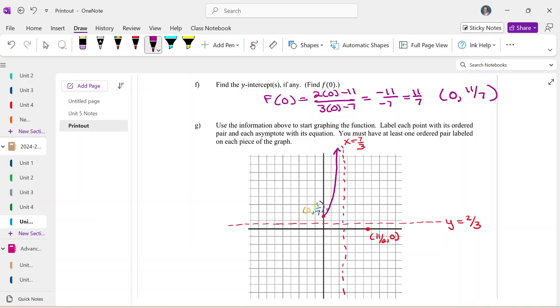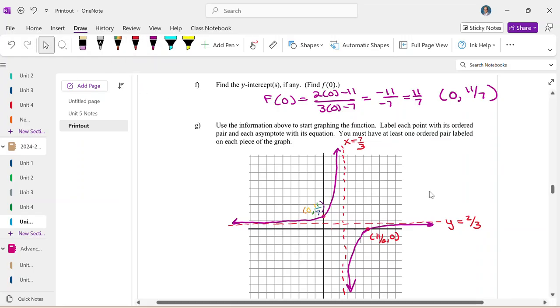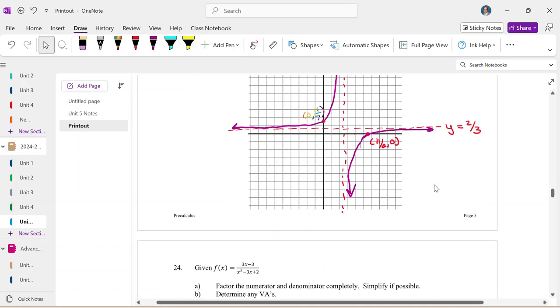It won't touch it. And it's going to go towards the asymptote this way, and it's going to go out. So same thing here. It's going to go towards the vertical asymptote and towards the horizontal. So they look like branches. They come close to the asymptotes, but they never touch them. And that is what your graph will look like.